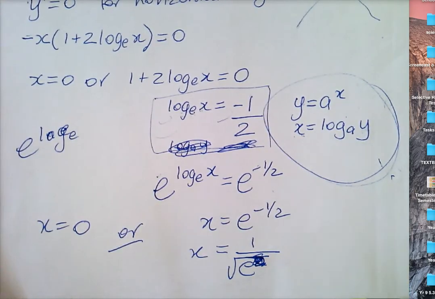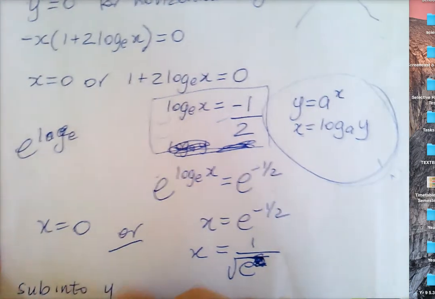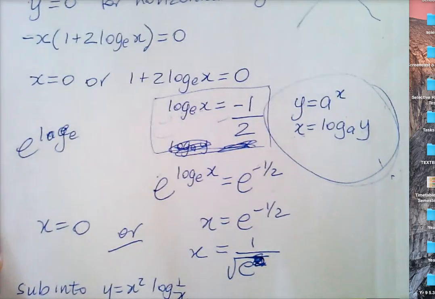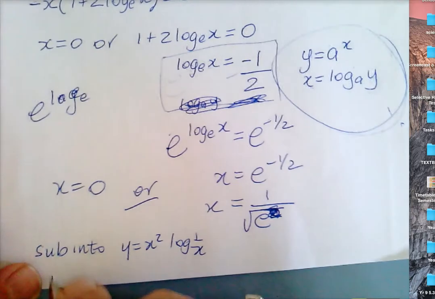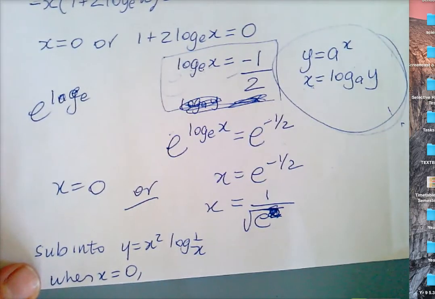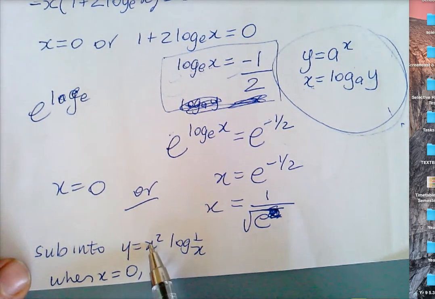Sub it into your equation, like into your formula. So sub into y is x squared log 1 on x. And what do you get? Yep. When x is 0, y is? Well, what's x squared?